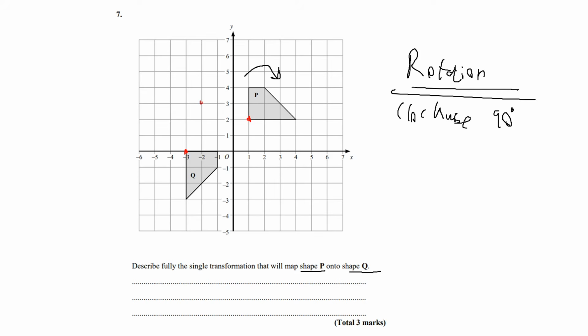Let's try here. If we drew a line here, we would have to draw one here. Okay, that's perpendicular, because look, this is a 3 by 1, and this is a 1 by 3. So, therefore, that is a perpendicular line, and it's equal.